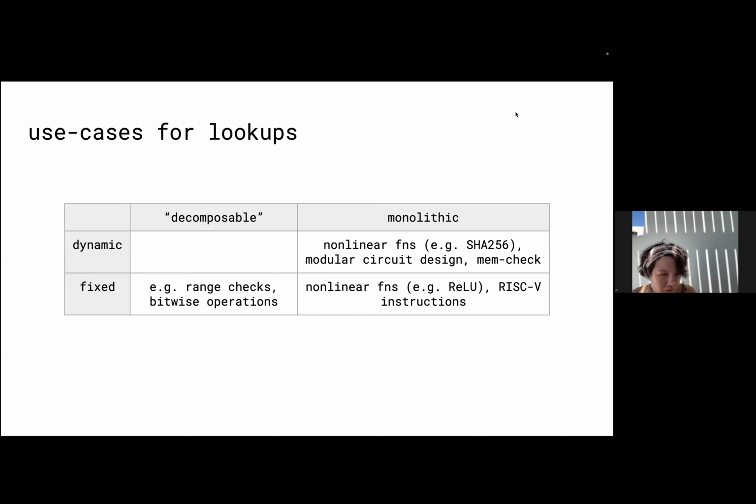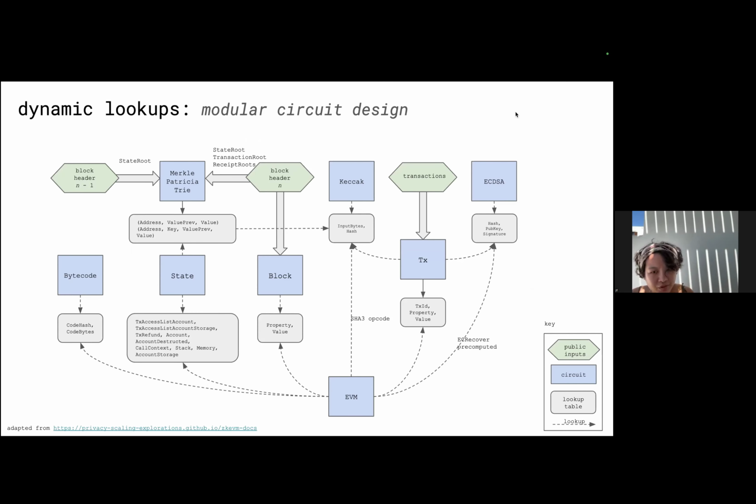Another common use for dynamic monolithic lookups is to break up large circuits into more modular subcircuits. For example, this is a pretty old diagram that illustrates how the Privacy Scaling Explorations ZK EVM is architected.